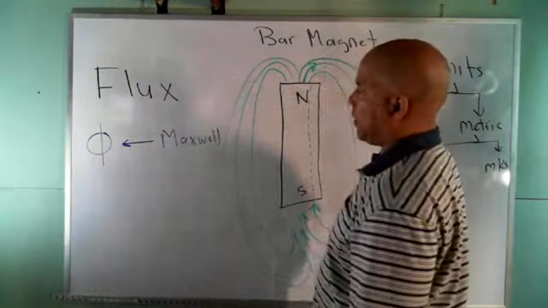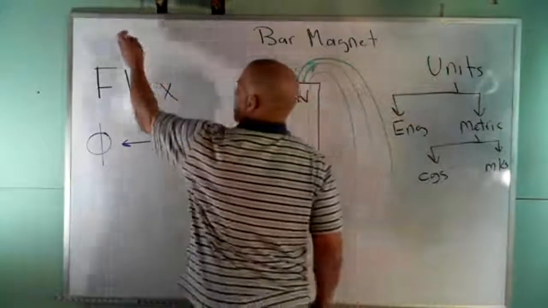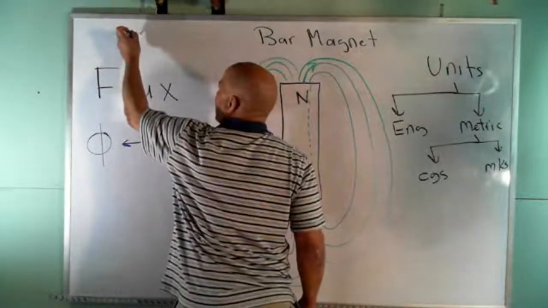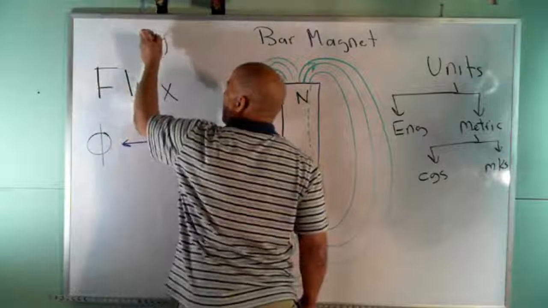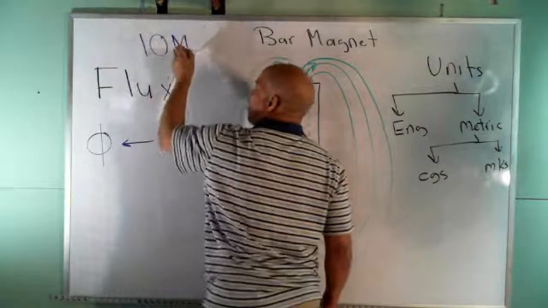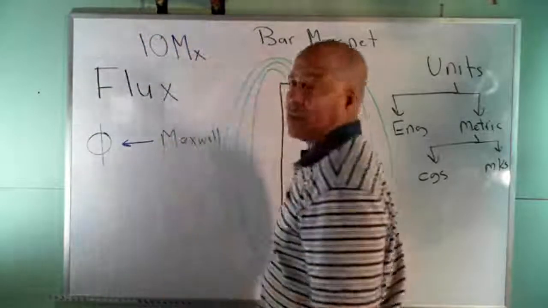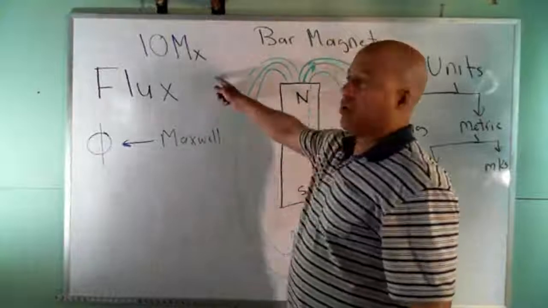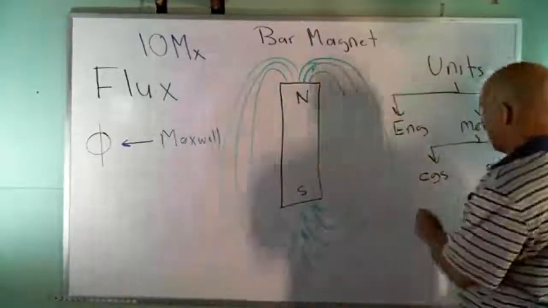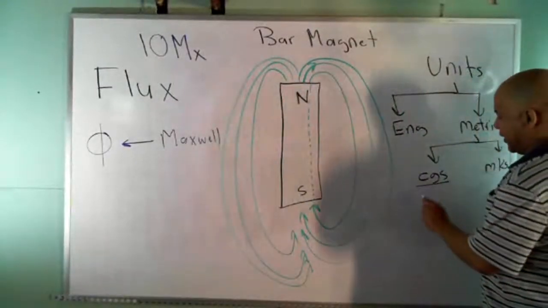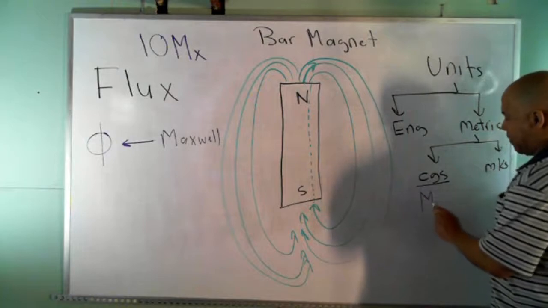The way I would abbreviate that, I might have 10 Maxwell would be capital M, lowercase x. So a Maxwell is a unit, and it turns out to be under the CGS system.